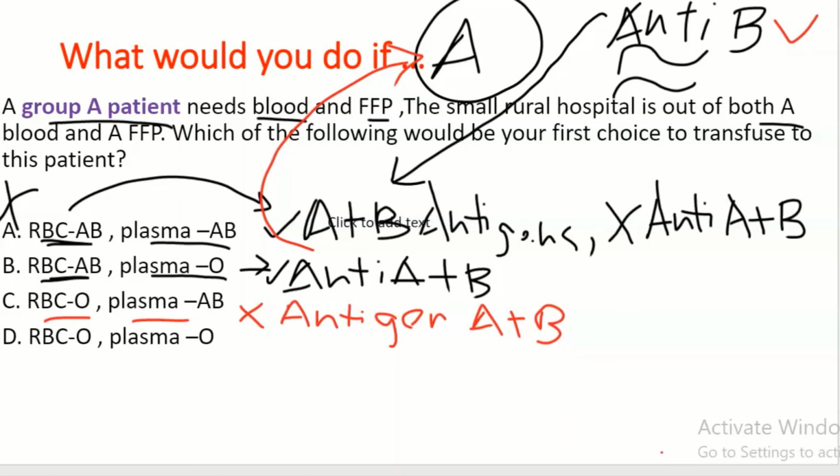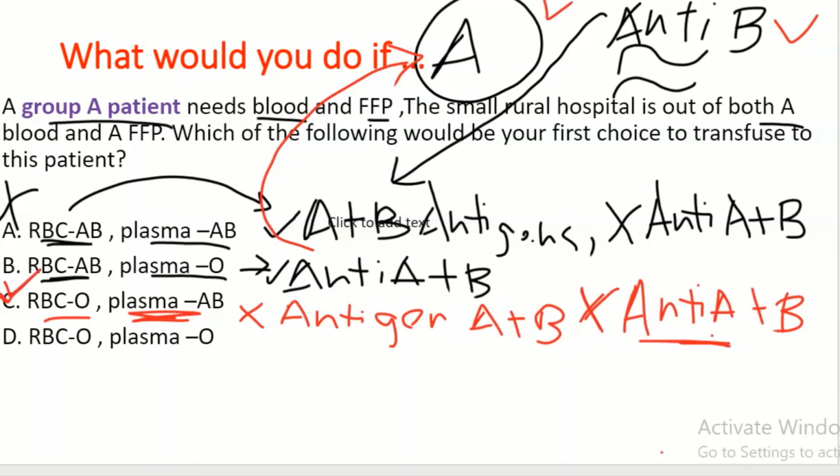AB plasma doesn't have anti-A plus anti-B in its plasma. So it doesn't have anti-A to react with patient RBCs. So that's why this option is correct.